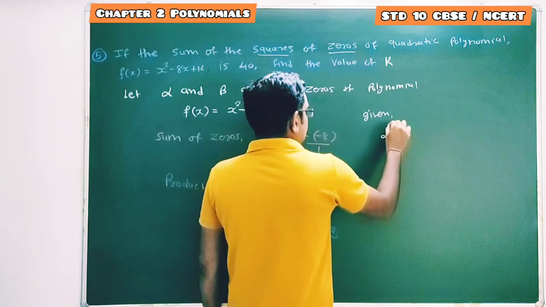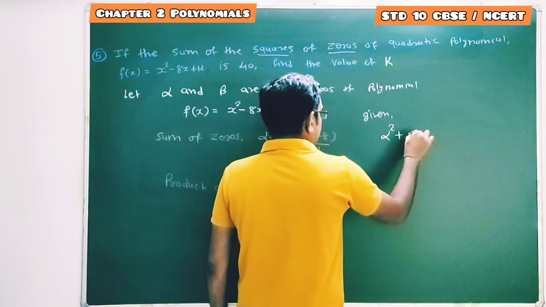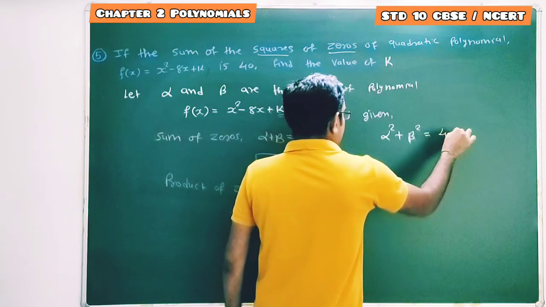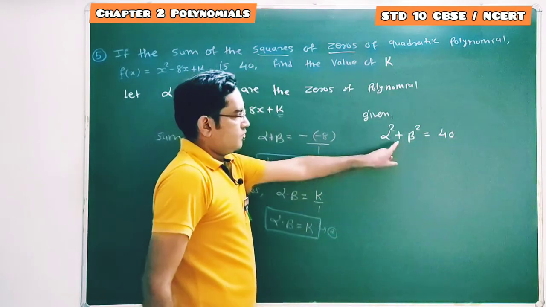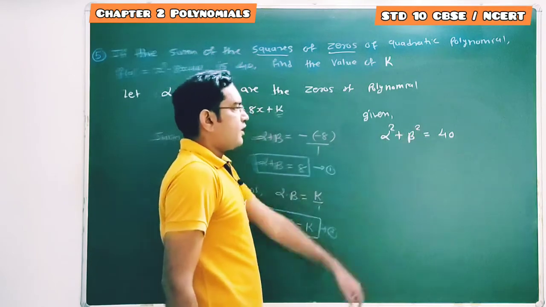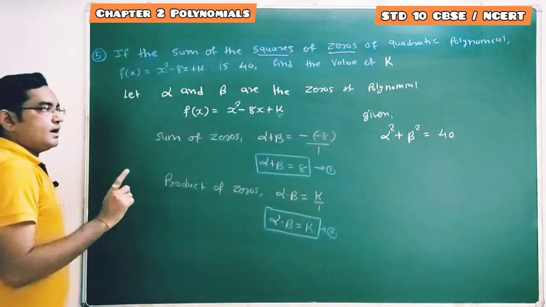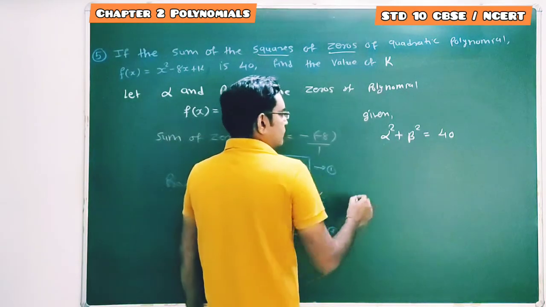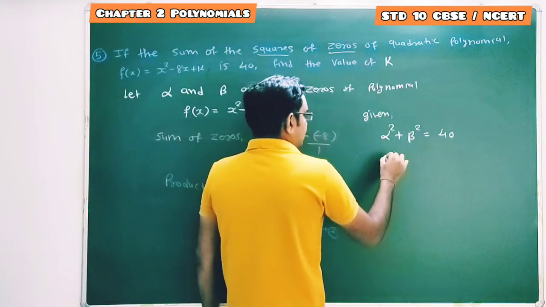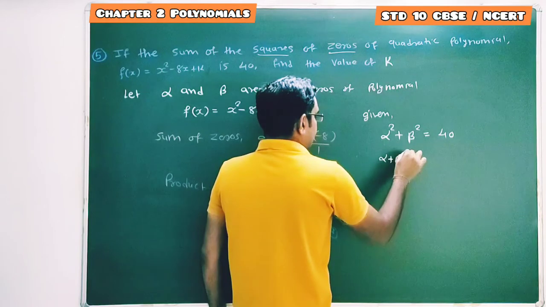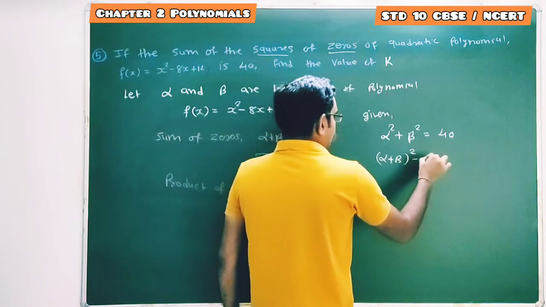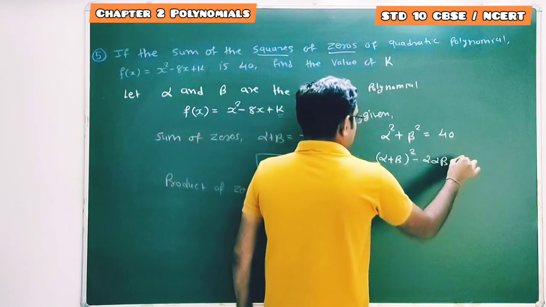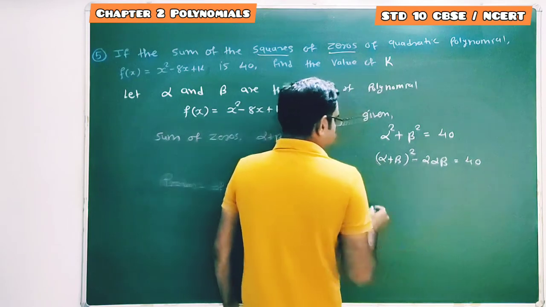Alpha and beta are the zeros of the quadratic polynomial. So now alpha square plus beta square, as we did in the previous sum, can be written as alpha plus beta whole square minus 2 alpha beta equal to 40.